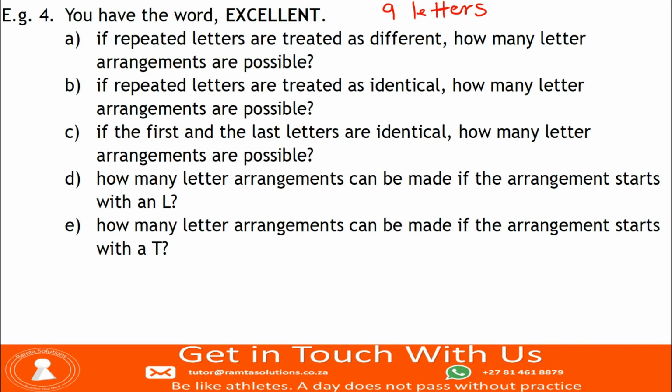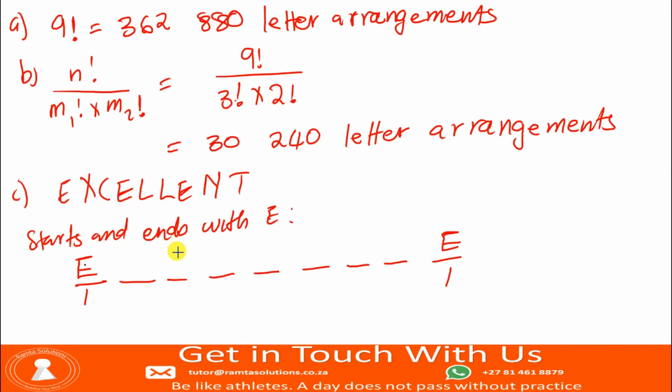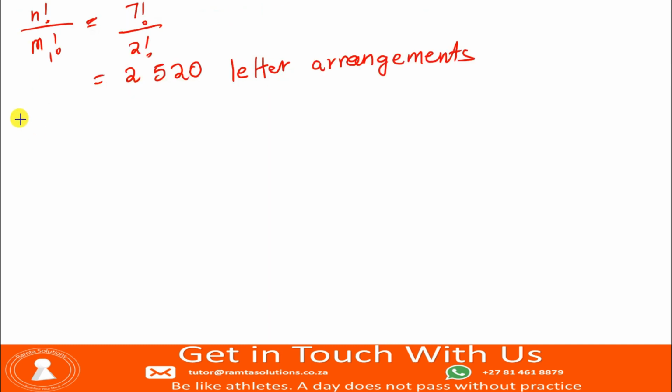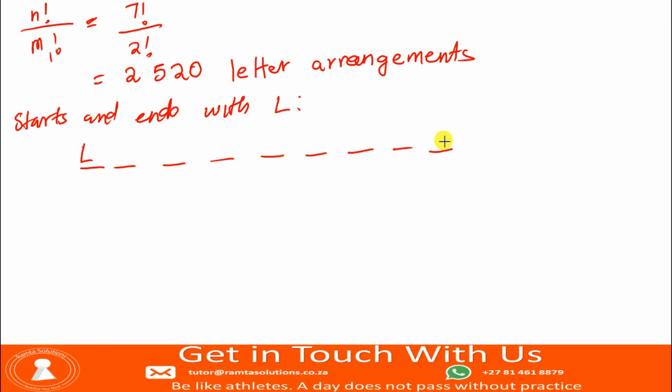But we are not done. It is not only E that is repeating, even L. So the second one starts and ends with L. What do we have? L, 1, 2, 3, 4, 5, 6, 7, 8, 9. It's another L, so this is 1, this is 1. Now we're only sorting these ones out. So it is n factorial over m sub 1 factorial. 7 letters are remaining, but of the 7, 3 of them are identical.